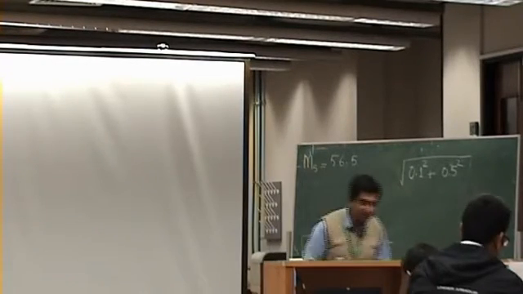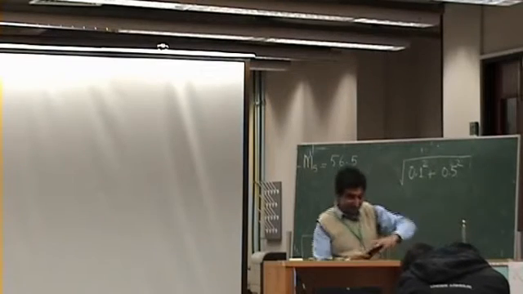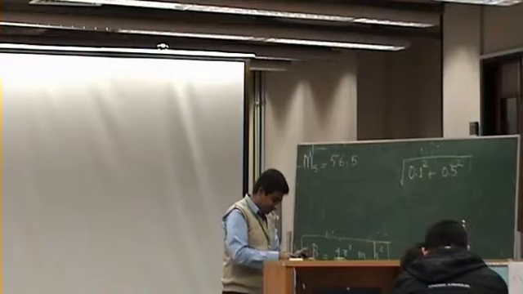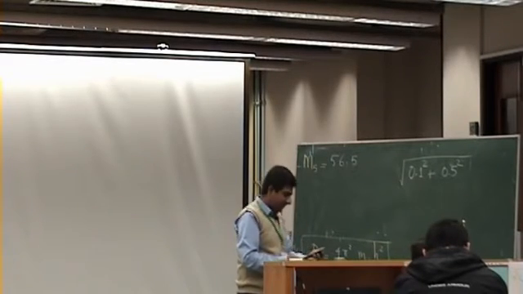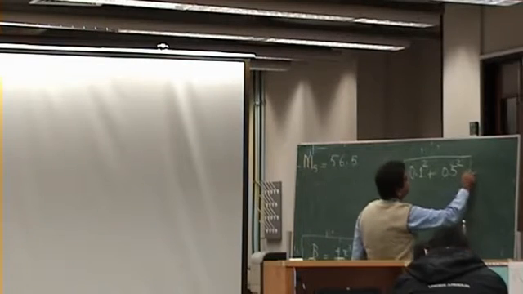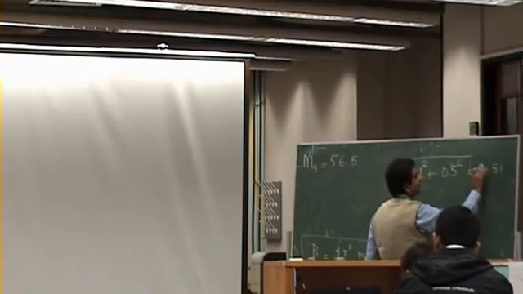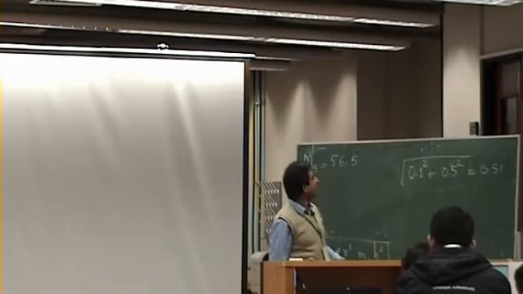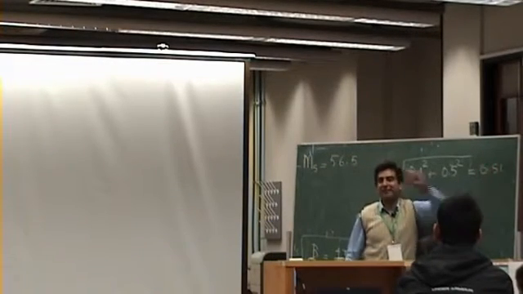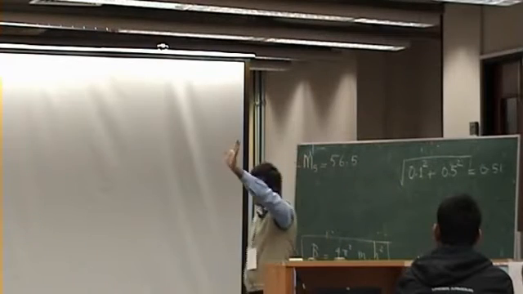Okay, this comes out from probability theory. So if I take this uncertainty 0.01 plus 0.25, I get 0.51. Now I only want to keep one significant figure. I don't care about this one because in the uncertainty only one significant figure is important.